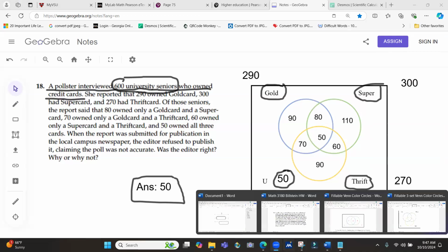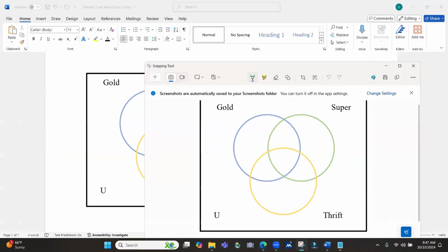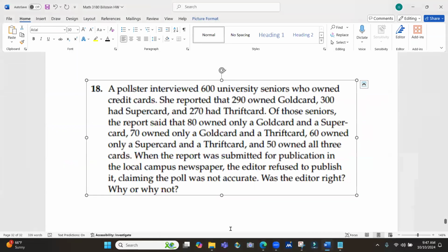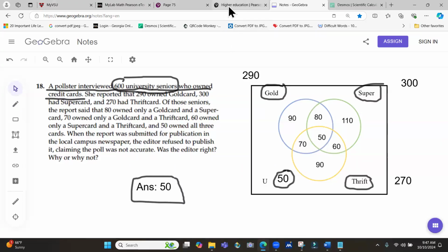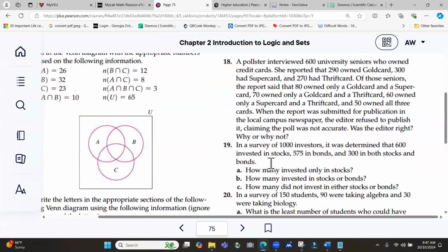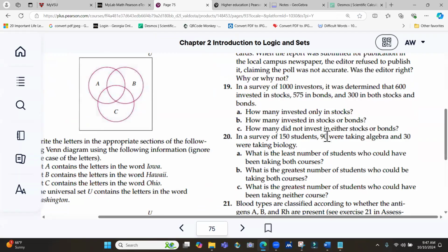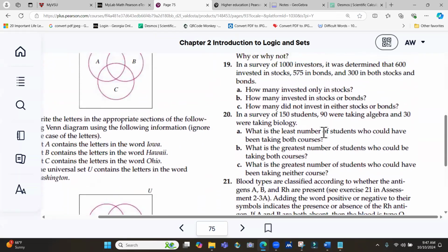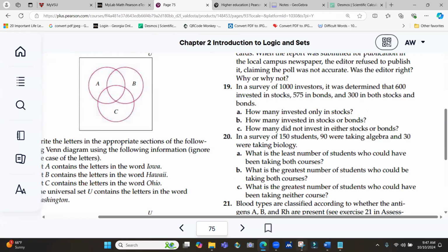Number 18 is something we did. And let's go back to our text. 18, 19. Let's do this one. 19. And let's do 20. And then we'll do 21. We'll bite the bullet today.